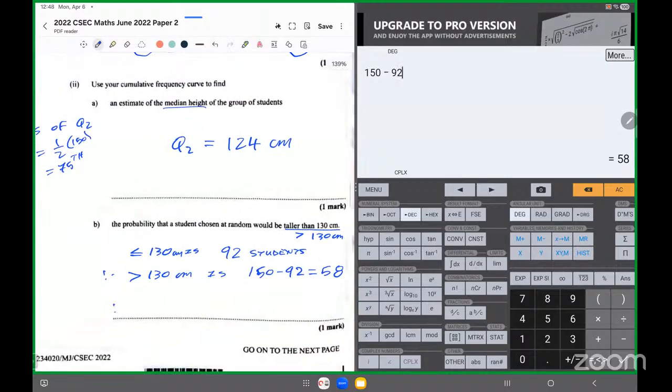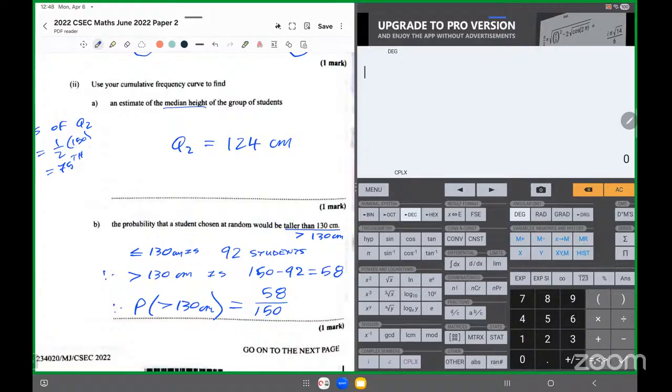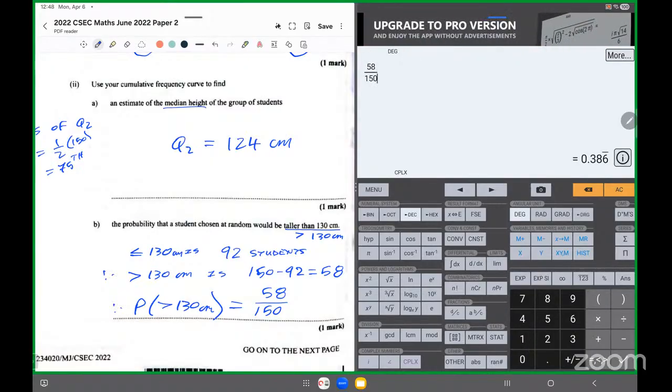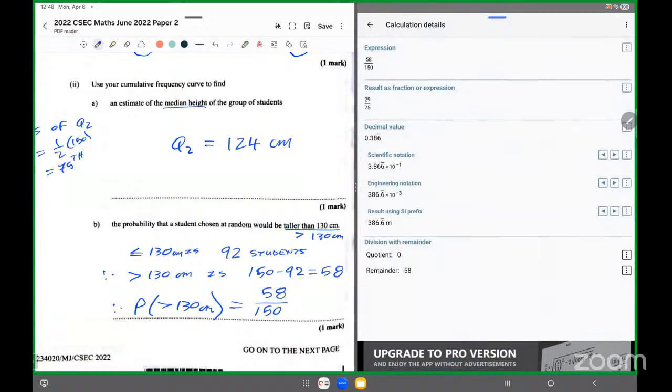The probability of being greater than 130 centimeters is 58 students out of the 150 students. We can give that in simplest terms as a fraction. That's 29 over 75. And that's the answer, right? That's it. Done.